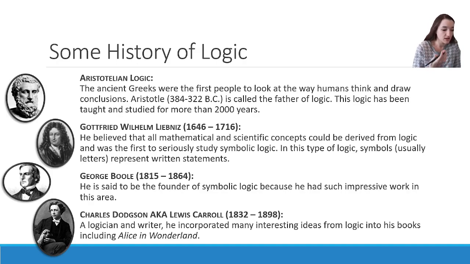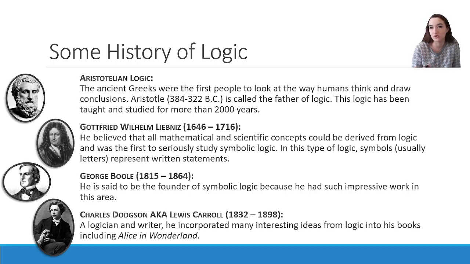Then George Boole is said to be the founder of symbolic logic because he had such impressive work in this area. So Leibniz sort of started the whole thing, but then Boole made it big and popular. Then Charles Dodgson, whom you may know as Lewis Carroll, the writer of Alice in Wonderland, was also a logician who used a lot of his studies of logic in the writing of his books, particularly Alice in Wonderland.